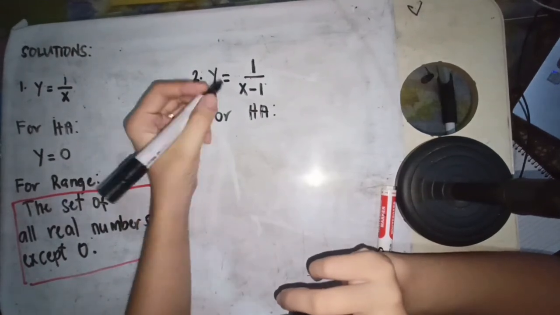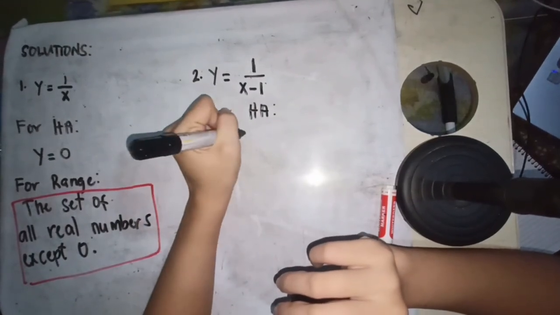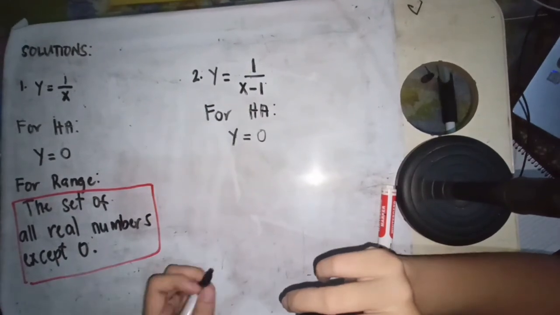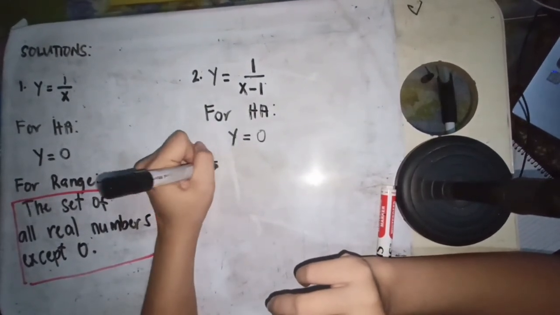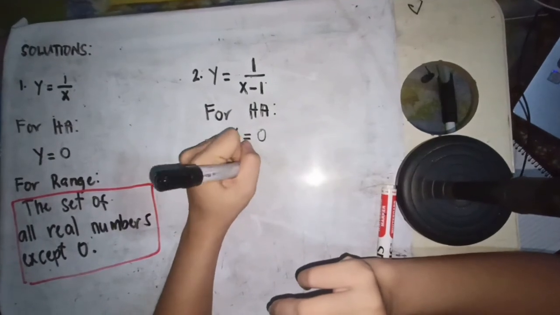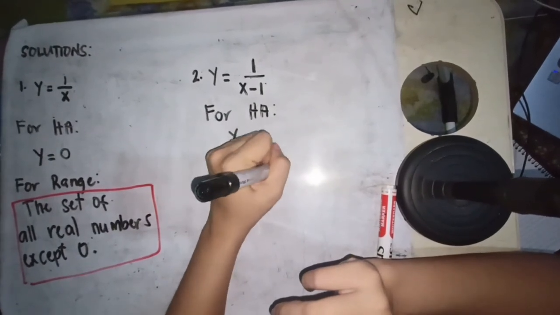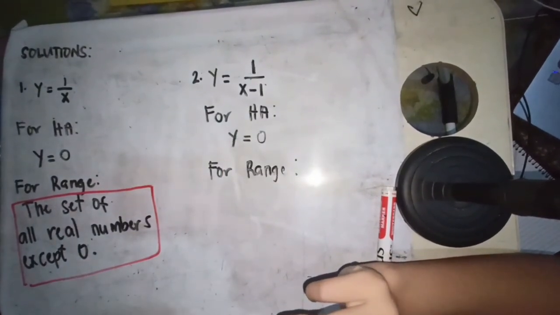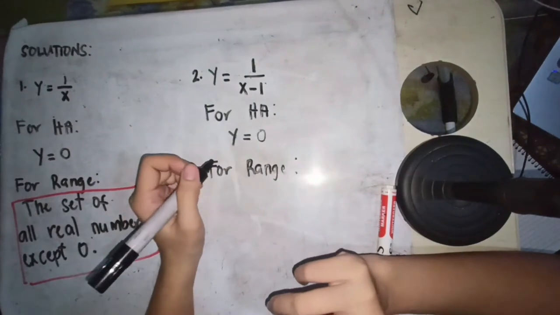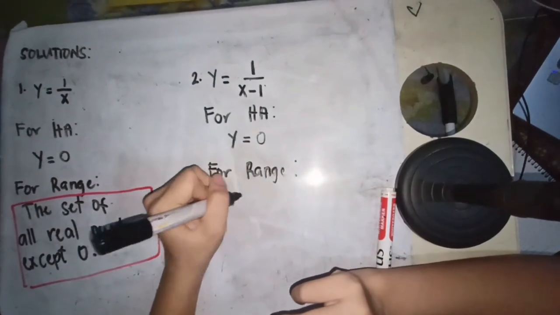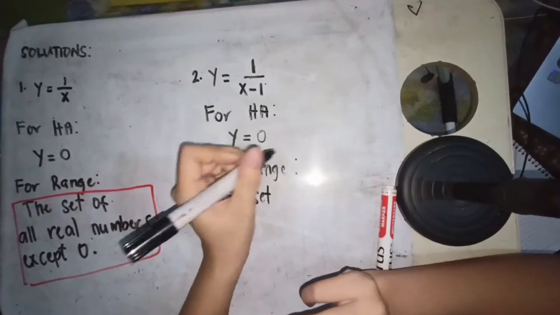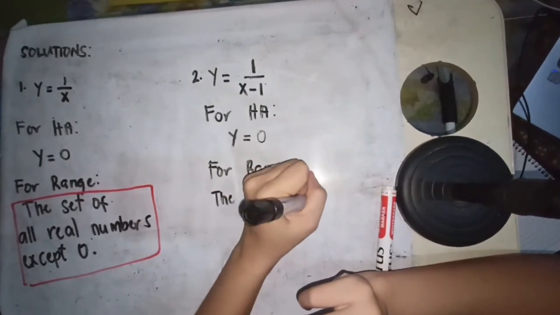Therefore, our horizontal asymptote is y equals 0. Since we have our horizontal asymptote, we can now determine our range. Again, our range is the set of all numbers except the value of our horizontal asymptote.